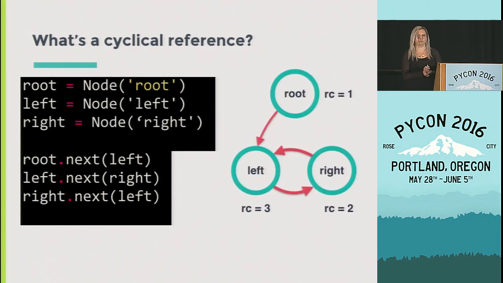The reference count of root is 1. It's referred to by the name root. The reference count of left is 3. It's referred to by its name, the root, and the right node. And the reference count of right is 2. It's referred to by its name and by the left node. So a cycle occurs when we have two objects that point or refer to each other.